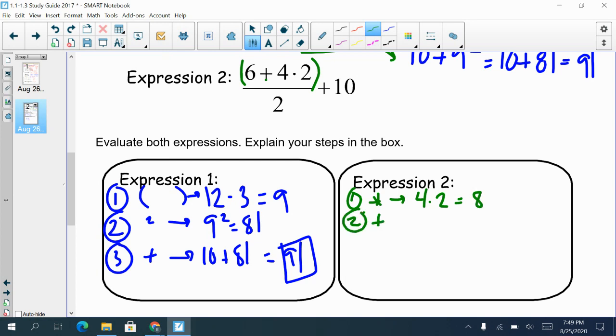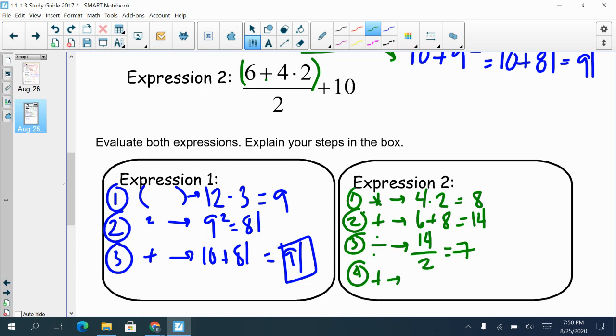Then we're going to add 6 plus 8, and we're going to get 14. Then we are going to divide, and we're going to get 14 divided by 2, which is 7. And then we are going to add again 7 plus 10, and we're going to get 17.